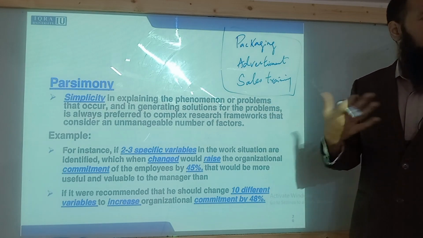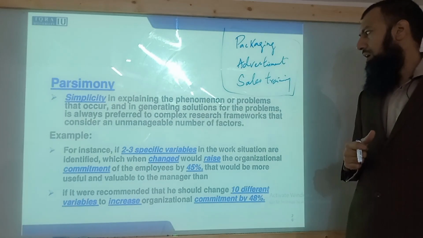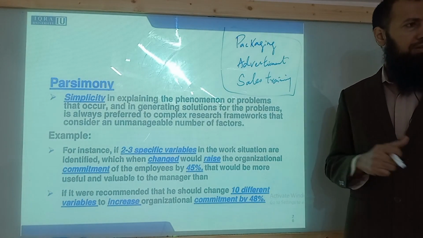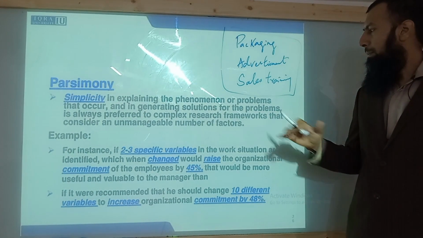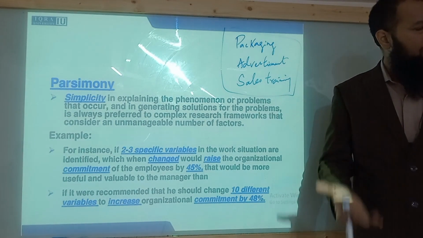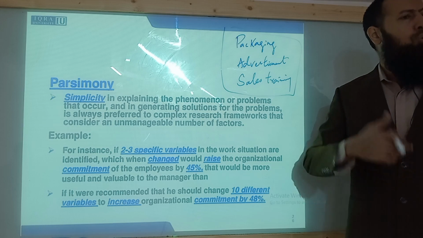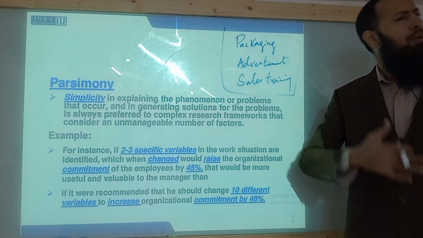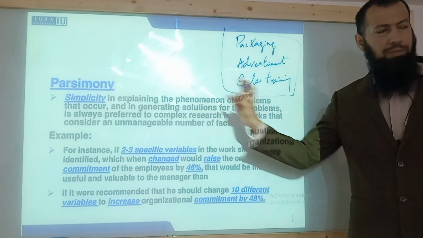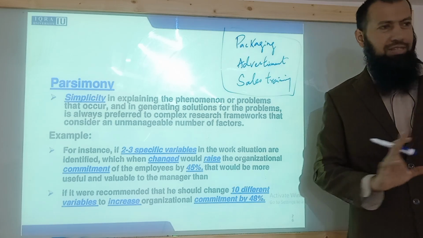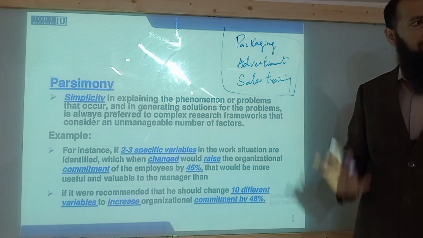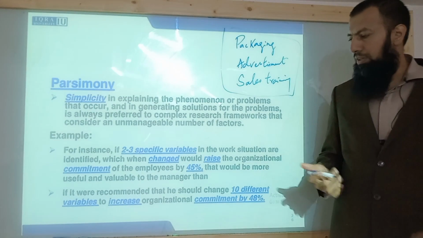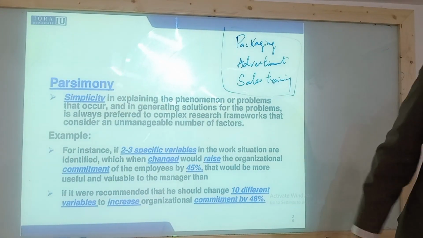For example, we can go with the number of sales personnel, quality of the product, quantity of the product, price of the product, or many more. Parsimony says no, don't go like this. You have to go maximum 3. So this is parsimony, and it is very effective actually.